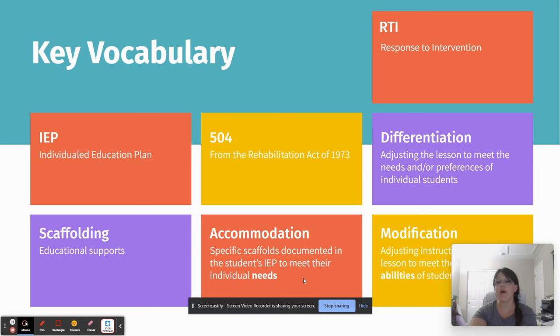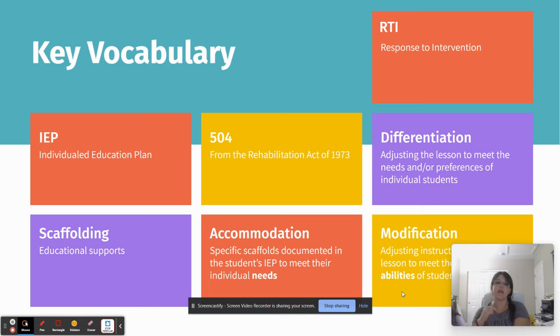Accommodations, they are now accommodation and modification. These two terms get mixed up very, very frequently by not just students, but new teachers as well. So accommodation is those specific scaffolds that we provide that help meet students' individual needs.